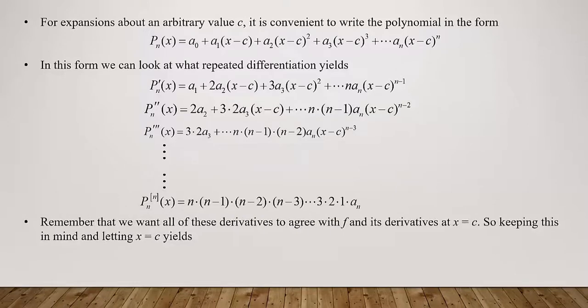We want to remember that we want all of those derivatives to agree with the function f and its derivatives at x equals c. So keeping this in mind and letting x equals c yields, and to see what it yields, folks, I have to head off to the chalkboard. So hopefully you have this written down, because I'm heading off to the chalkboard to see what this yields.